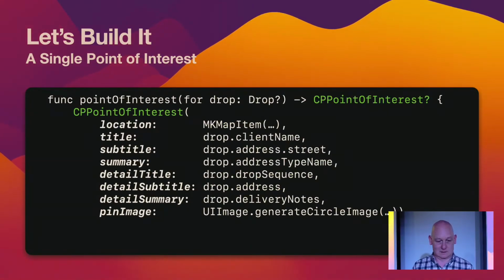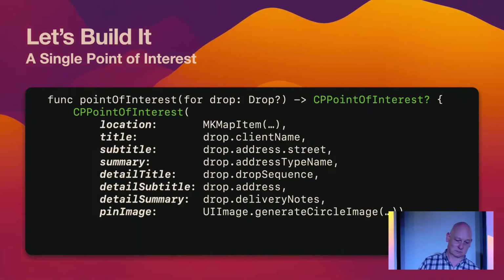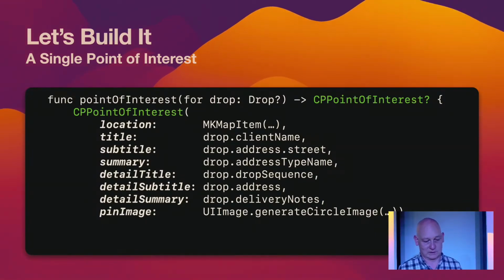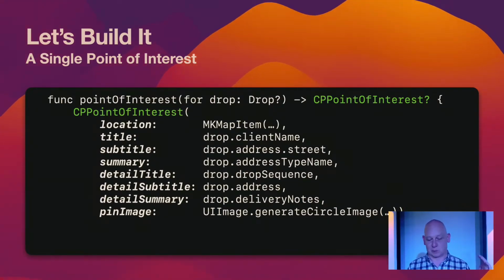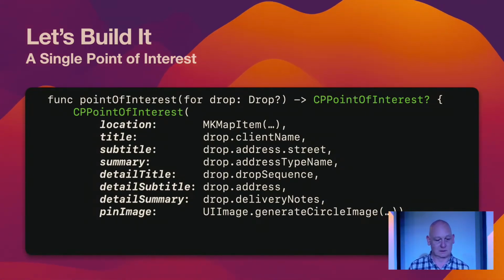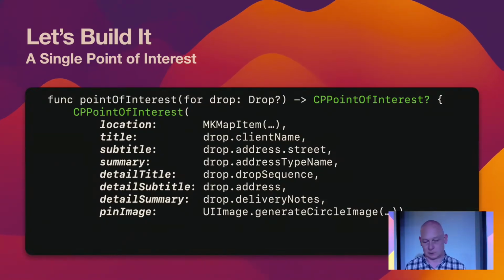And they look like this. Again, it's got a title, it's got a subtitle, blah, blah. Points of interest have a location. They have to have coordinates because they're going on a map. And essentially what we do is create an array of a bunch of points of interest and give them all the data that's all vended from our data service.